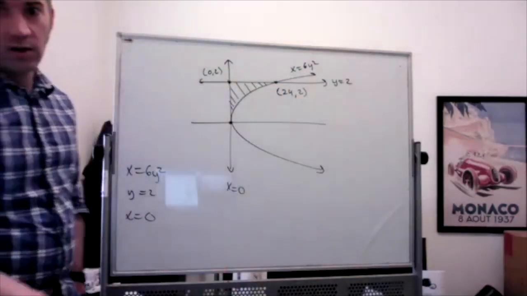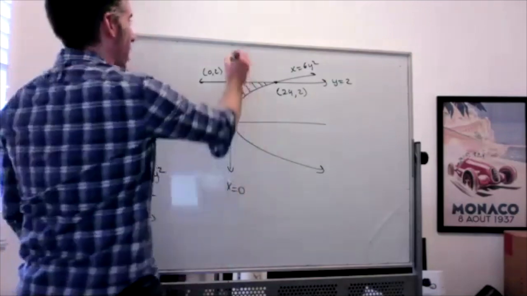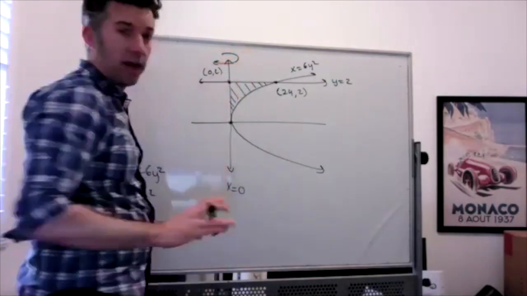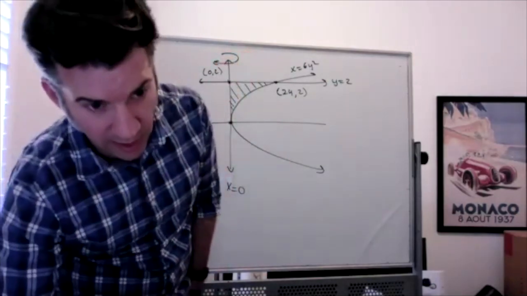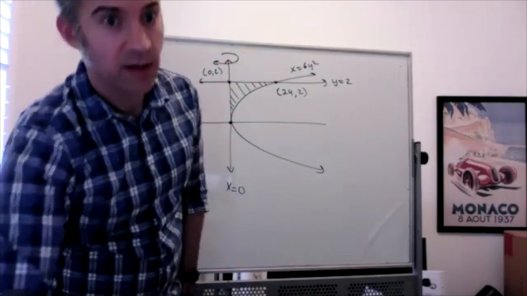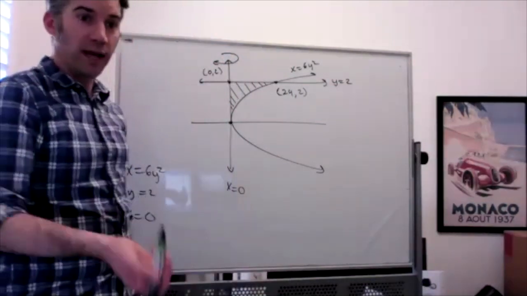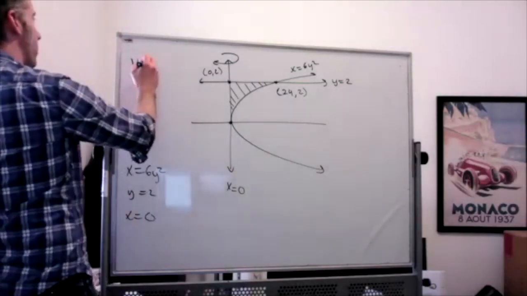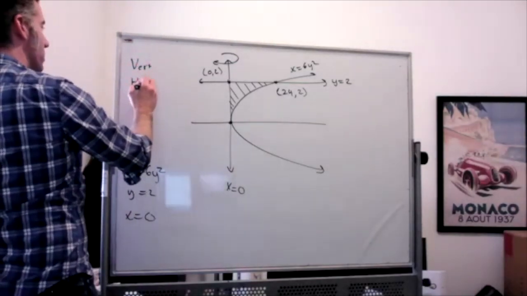Okay, so now we want to use, so we're going around the y-axis. So I want everybody to type in the chat D or an H, D for vertical, H for horizontal.